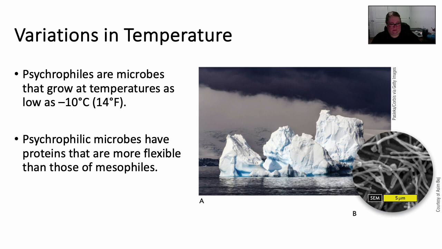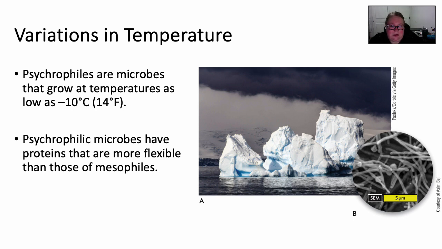Okay, so we've talked about mesophiles, thermophiles, hyperthermophiles. We've talked about Thermus aquaticus. Let's talk about the last temperature range, which is the really cold guys, the ones that live in really cold conditions. These are the psychrophiles. They can grow in temperatures as low as negative 10 degrees Celsius or 14 degrees Fahrenheit.